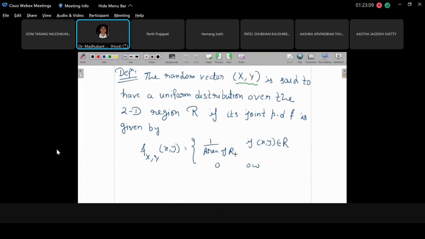So here is the definition. As I told you, when you make a pair of 2 random variables, it is named a random vector. It is said to have a uniform distribution over the 2D region R if its joint PDF is given by this. The same thing can be extended to 3-dimensional, 4-dimensional, and so on.